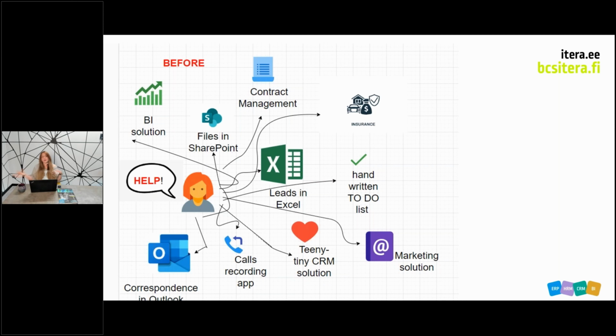And there is a marketing team separately, and they have their own marketing solution. And maybe there is a security and insurance team. And of course, our diligent person has a nice to-do list, which is written in her nice notebook. So if we look at this process, it is very messy, and she needs quite a number of solutions just to handle her day-to-day activities.